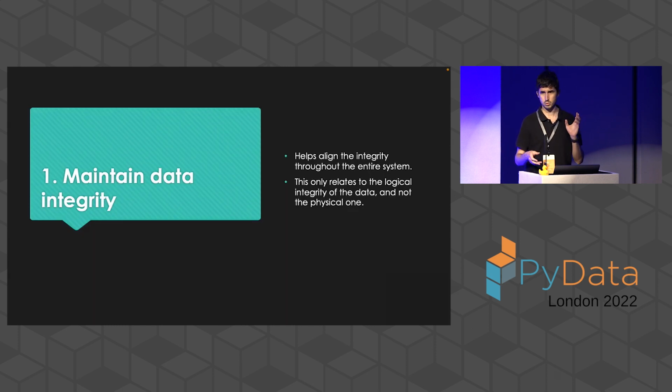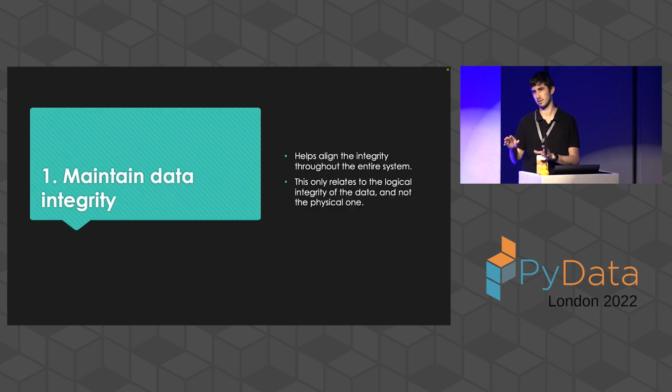Now, data integrity usually is split into two. There is the logical data integrity, which is what we actually care about. That is the content of the data. But there's also the physical data integrity. So if that data, for example, lives in a server farm somewhere, we want to keep it healthy and alive there.